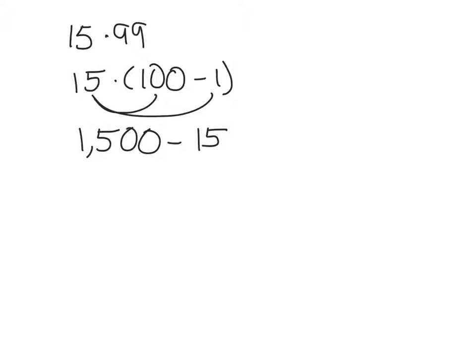So I can probably do 1,500 minus 15 in my head, and that would be 1,485. Okay, so that's why we would use the distributive property when we have numbers instead of just doing it the normal way. It's because we're trying to break the number down into two multiplication problems that are easier to do mentally.